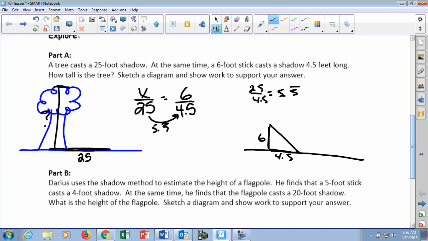So to find x, what do I have to do over here? Sal? Multiply by 5.5 repeating. So take the 6 times 5.5 with a bunch of 5s afterwards and hit enter. What do you get?